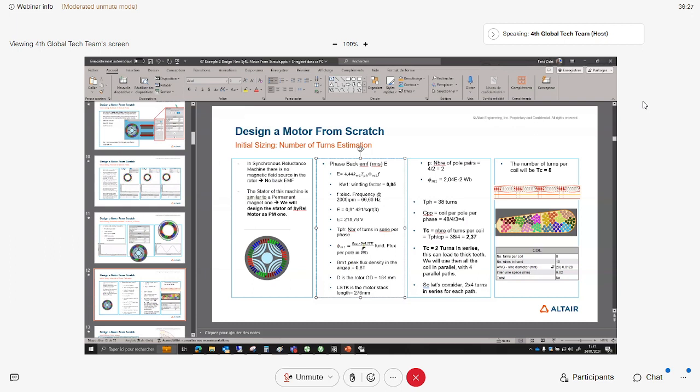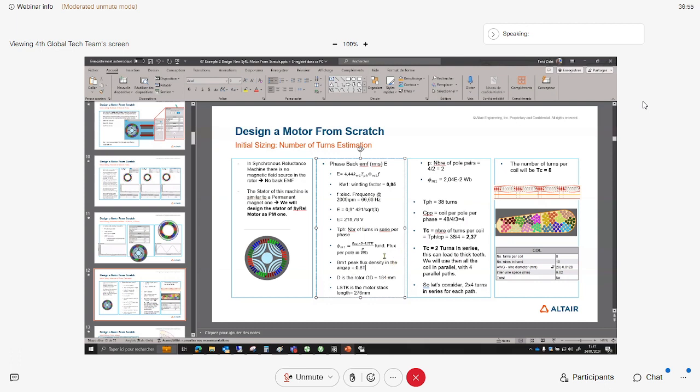So here as well I have to impose the peak flux density in the air gap. I will not make a lot of error if I put it at 0.8 Tesla. Here, D will be my outer diameter of the rotor, and once again, LSTK is the length of the stack of the machine.